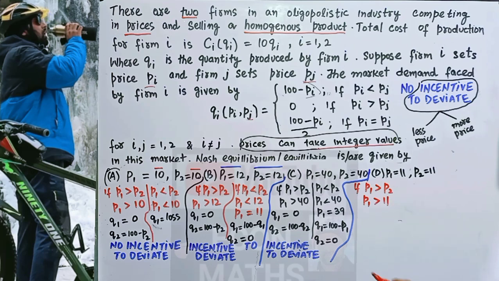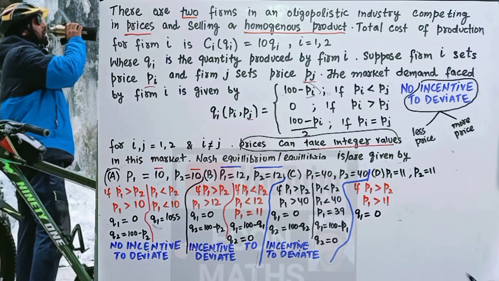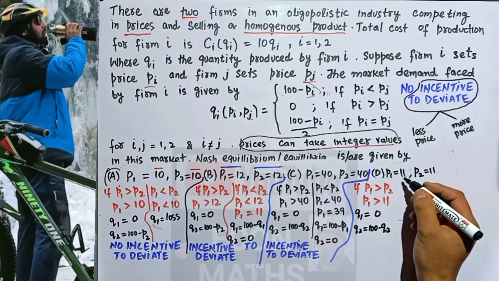In this case Q1 will be equal to 0. As I have told you, whosoever charges lesser price gets all the market, and firm 2 will cover up all the market. That means 100 minus Q2. So firm 1 has no incentive to deviate.